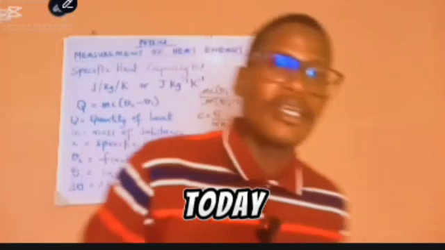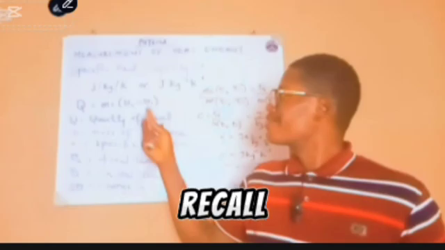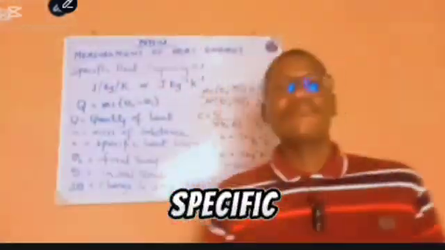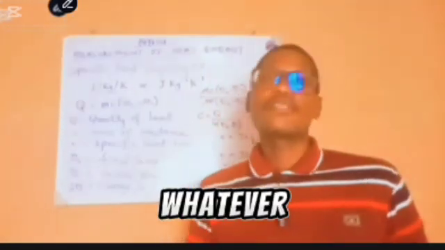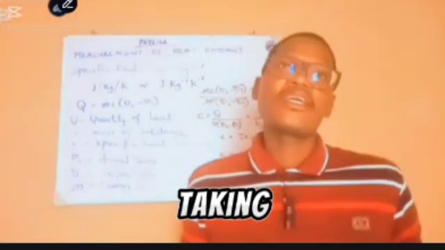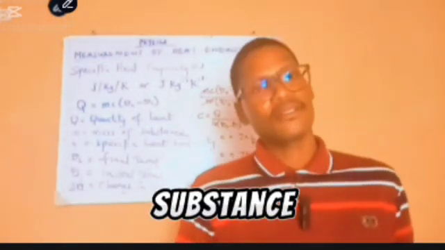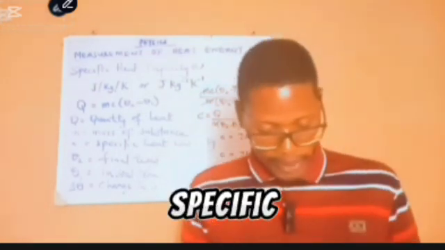Many students today find it challenging to recall the unit of specific heat capacity. And remember, the word specific, just like specific gravity, specific whatever in physics, when you say specific, we are taking cognizance of a particular mass of that substance. So it is very vital you take note of that word specific.